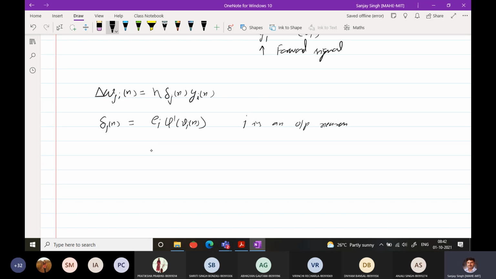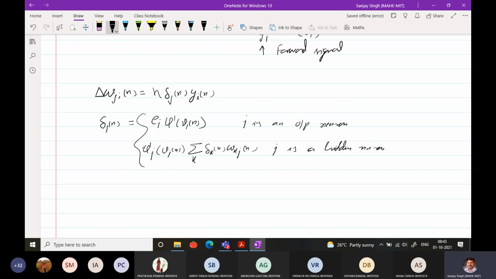If it is not so, then it is phi prime of vj(n) times the summation over k of delta k(n) wkj(n), and this is when j is a hidden neuron, or a neuron from the hidden layer. So we had these formulas.